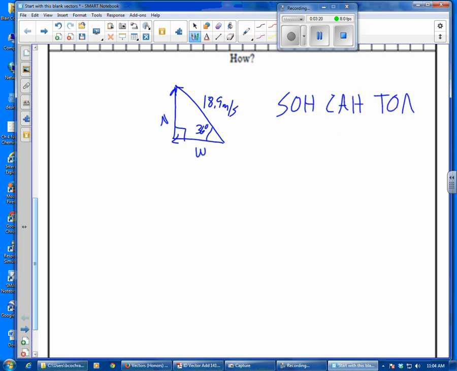SOHCAHTOA. And I want to know N, which is opposite my angle. And so the one that involves opposite and the angle of the hypotenuse is sine. So I have sine of 36 degrees equals opposite, which is N, over hypotenuse, 18.9 meters per second.